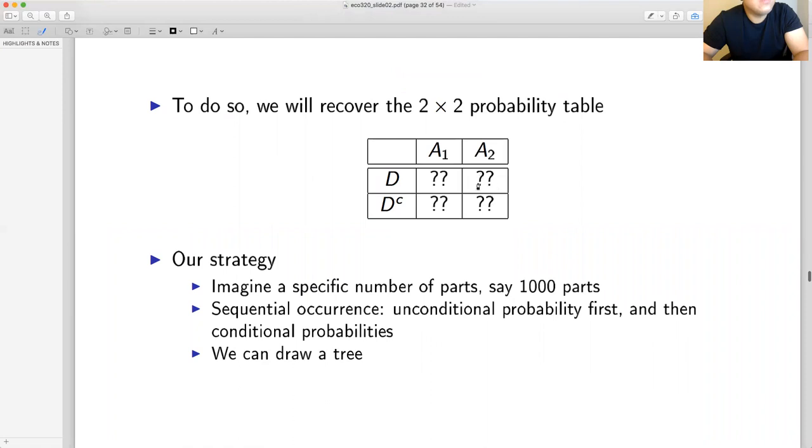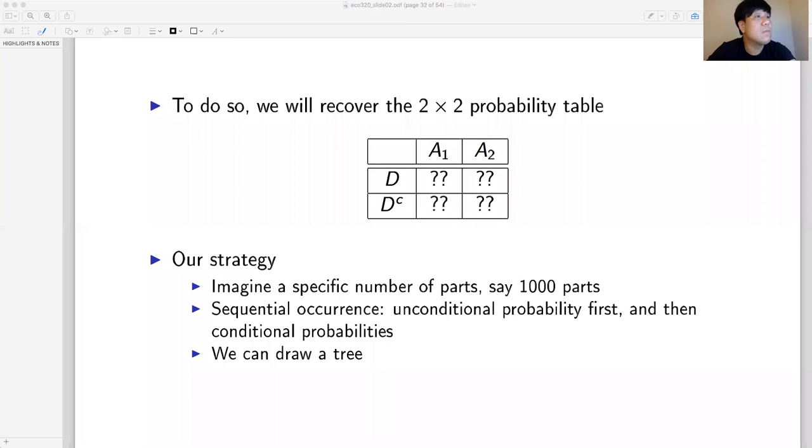Similarly, you can do this one. Probability of D given A2 is 7%, right? And what do we need to do? That is probability of D intersection A2 over probability of A2.